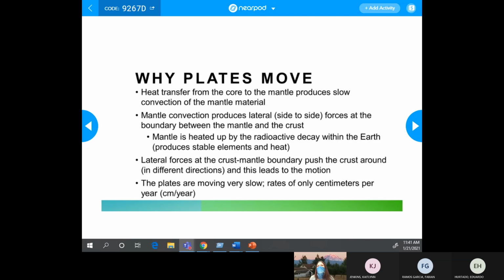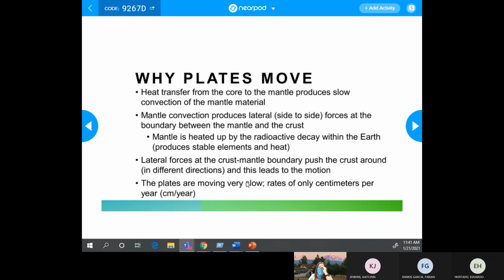So if you guys have ever heard of nuclear power plants, that nuclear reaction goes through radioactive decay, creates heat, boils steam, and moves some turbines. Our inner Earth kind of does that same thing. So it pushes it around into different directions, leading to motion.